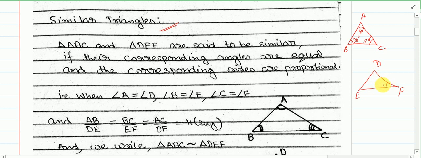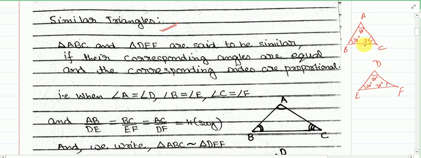Let's say this is 30°, this is 70°, and this is 80°. So here you can see triangle ABC and triangle DEF have equal angles, and the angle sum is 180 in each.